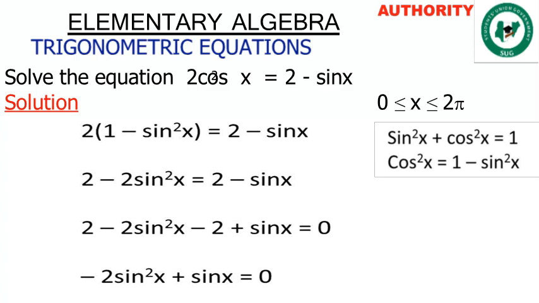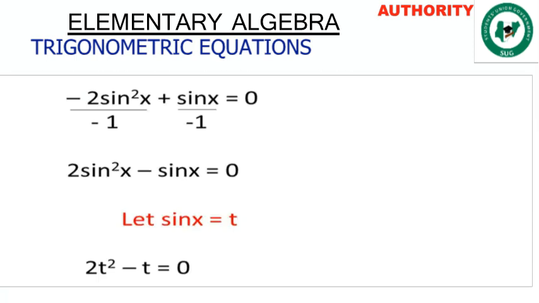From here, we cannot work with a negative leading term, so let's change it to positive. In changing it to positive, we divide by minus 1. Minus 2 sin²x divided by minus 1, minus cancels minus, we have 2 sin²x divided by 1. Anything divided by 1 is the same.